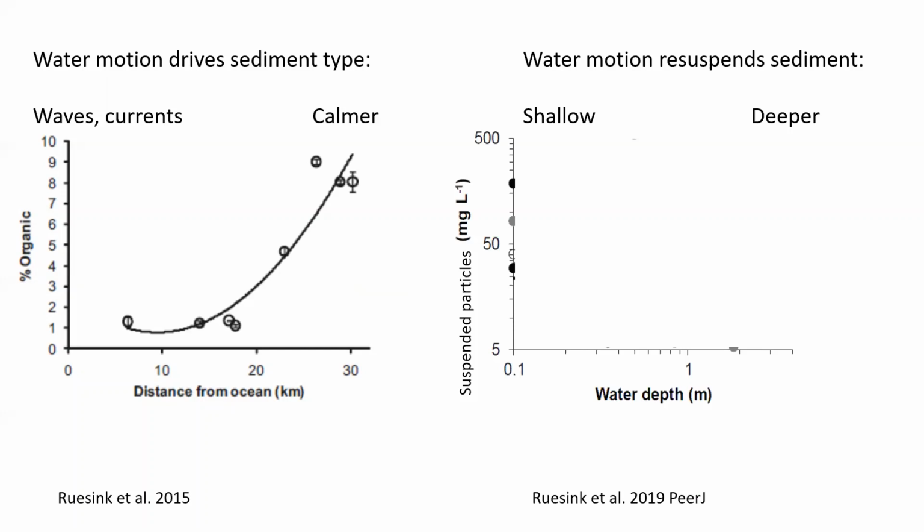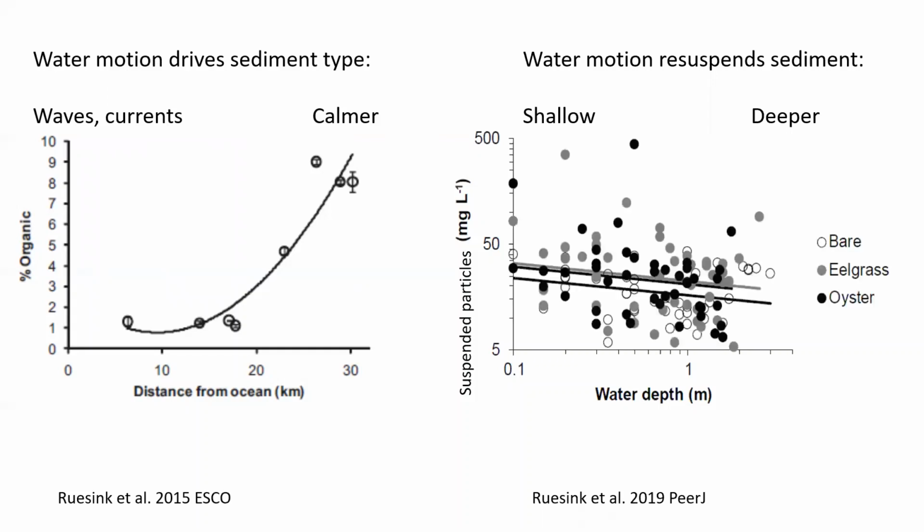This also can affect what goes back up into the water. So here, this is a picture of how many suspended particles are actually in the water. And here, I'm looking at shallow water and deeper water just because of this idea of resuspension being a lot easier if the water is very shallow. It's easier for small waves to pick things up off the bottom.